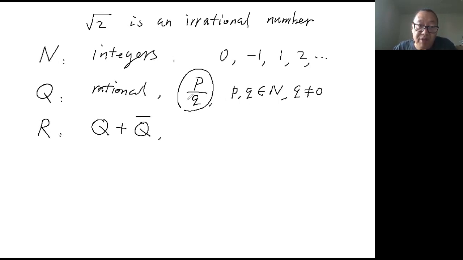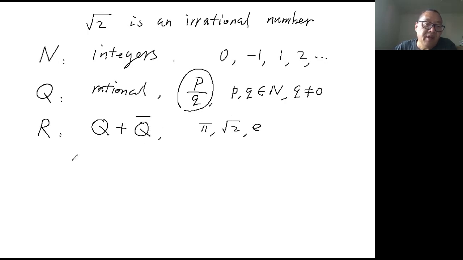Irrational numbers are numbers you cannot write in fraction form. We use Q bar to represent them. Numbers like pi, root 2, and e are irrational numbers.